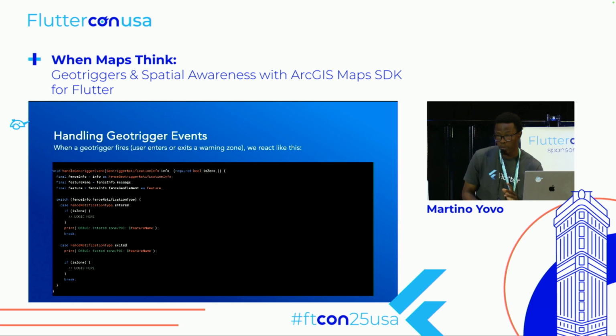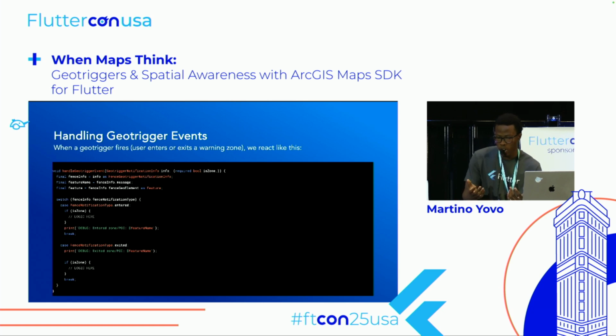Now for the geotrigger events, like we saw before, we have different fence rule types, right? We have the enter, the exit, and enter-exit. Here specifically, we will see how to handle the geotrigger event. You have your zone already, and you have also the notification info that you got from the geotrigger monitor.